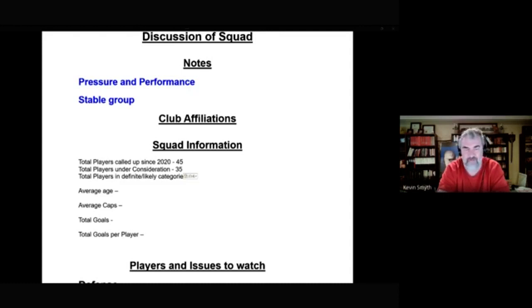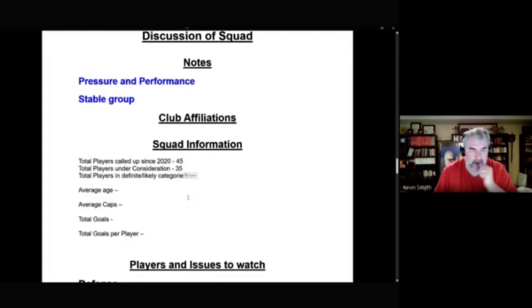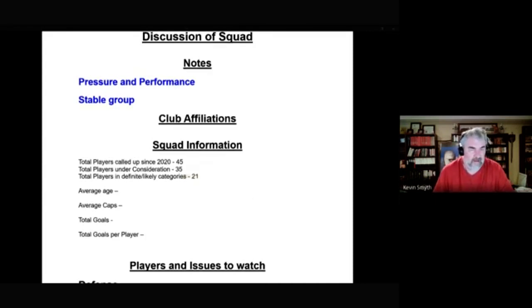But in terms of the final selection, Gareth Southgate has a few disappointed souls to deal with because he's basically got to cut 9 of the players that we saw in the possible category here, but perhaps some of the definite or likely will surprisingly not make it to the Cup.